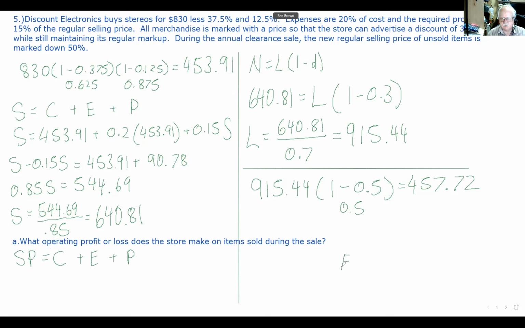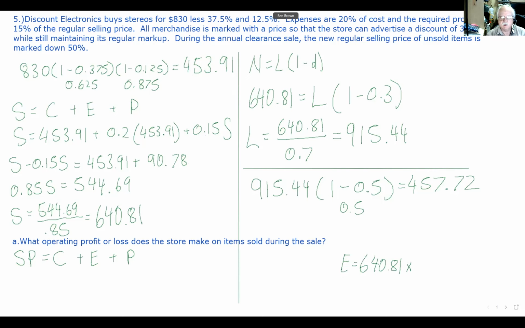So let's calculate expenses equals the regular selling price that we figured out somewhere here of 640.81, and expenses, oh, no, sorry, expenses are 20% of cost.